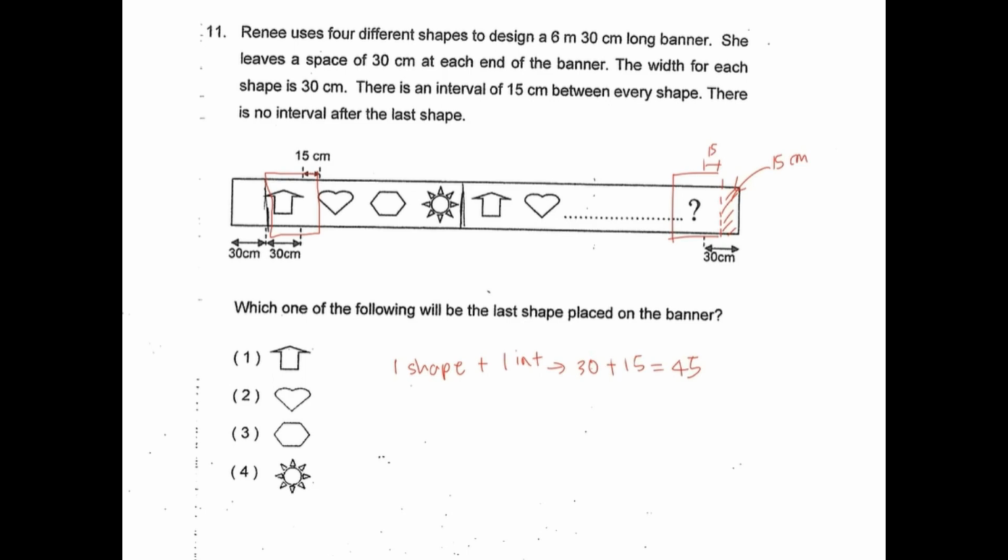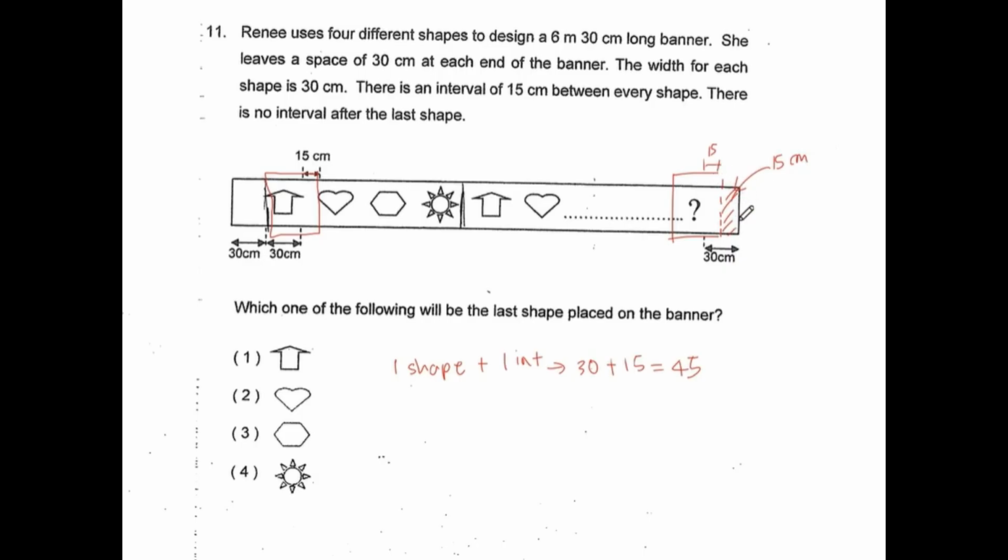So first, let's get rid of the excess portions. Let's leave all the shapes and intervals inside. So let's remove this 30 cm at the start and then remove not 30 cm at the back, but just 15, because I've allocated a 15 to the last shape. Since the last shape doesn't have any interval, I make it have one.